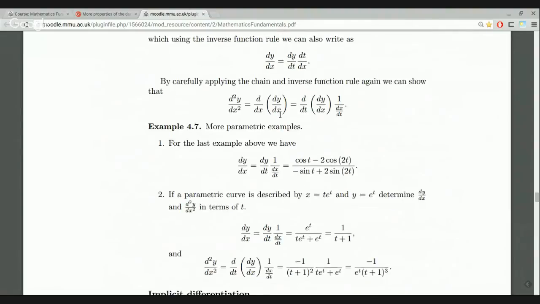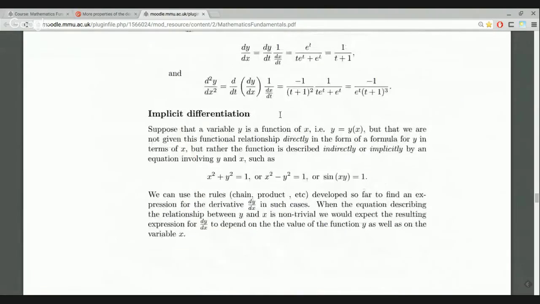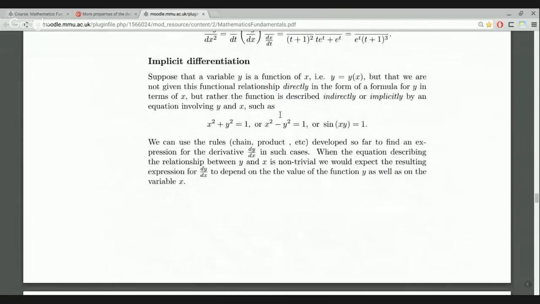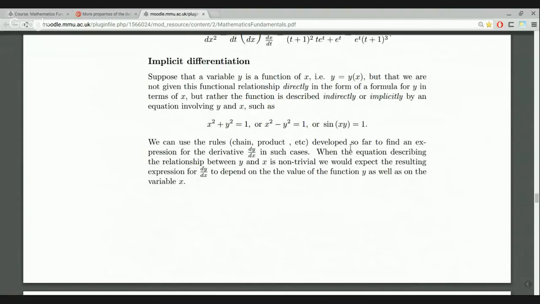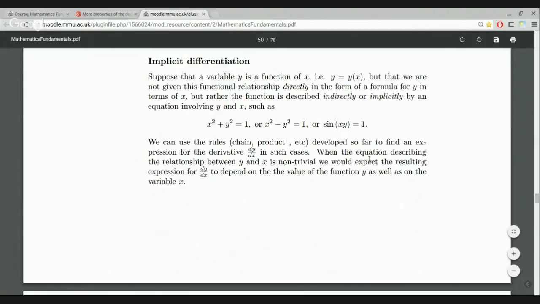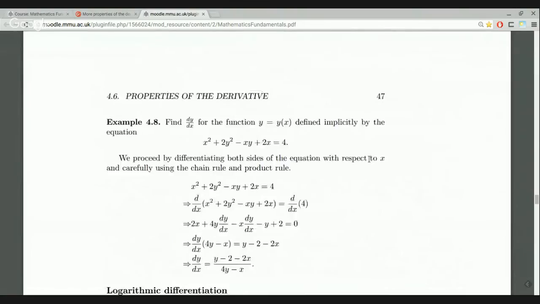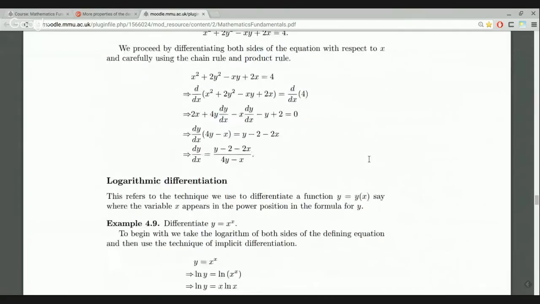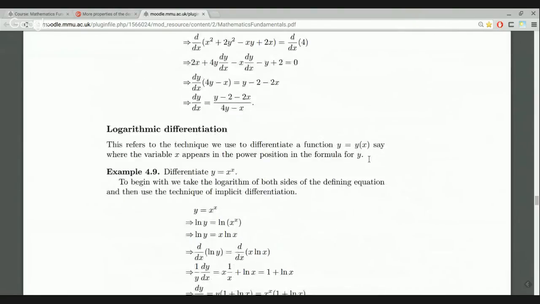And there's a couple of examples worked out there. We've also got techniques of differentiation called implicit differentiation and logarithmic differentiation. And once again, these are both examples of applying the chain rule to different situations. Okay? So for the moment, I'll leave you to read through those after this and look through those examples.